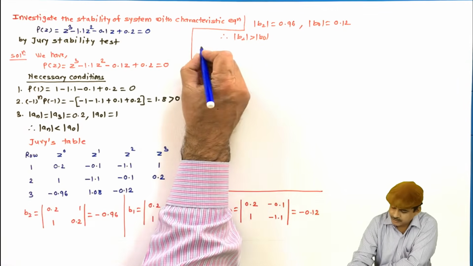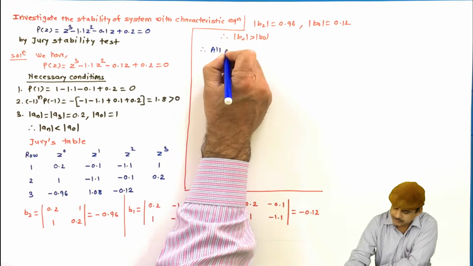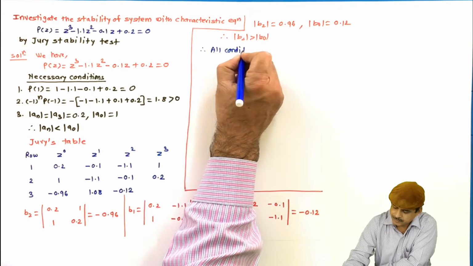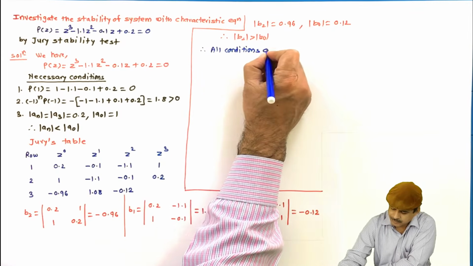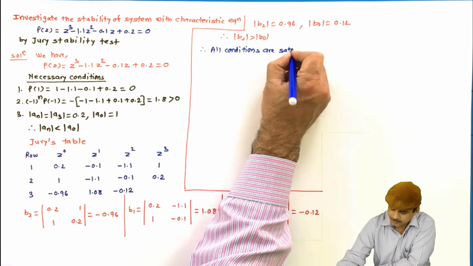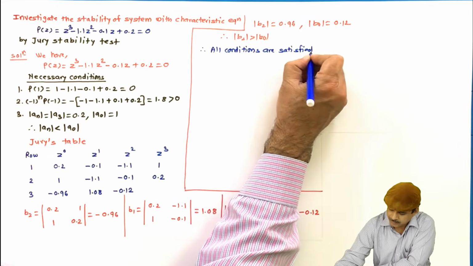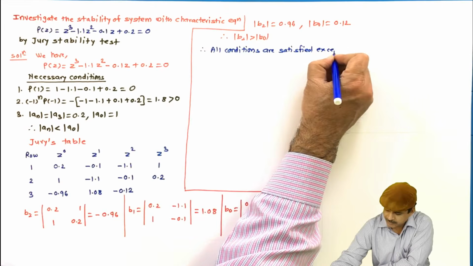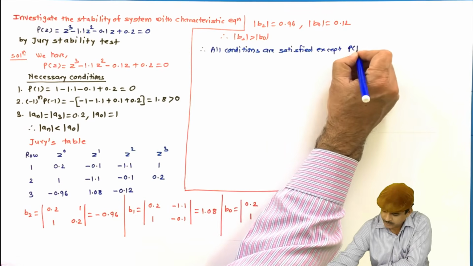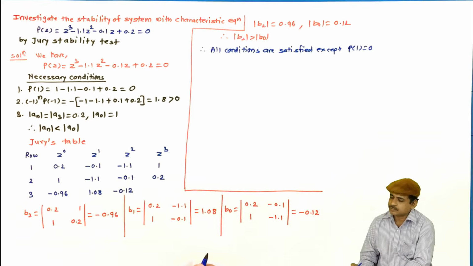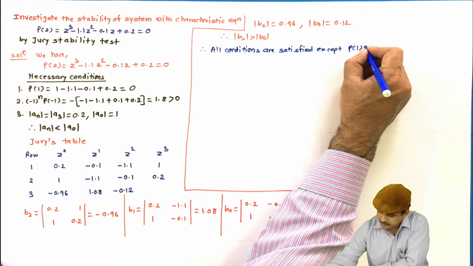And that means all conditions are satisfied except P(1) equal to 0, correct, or greater than 0.